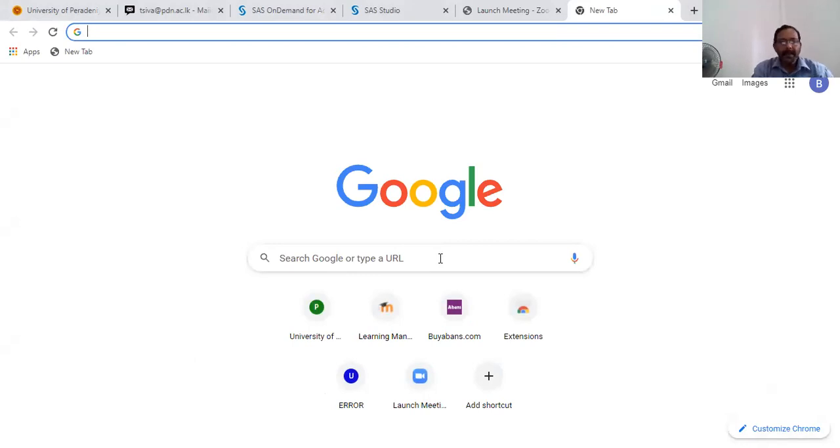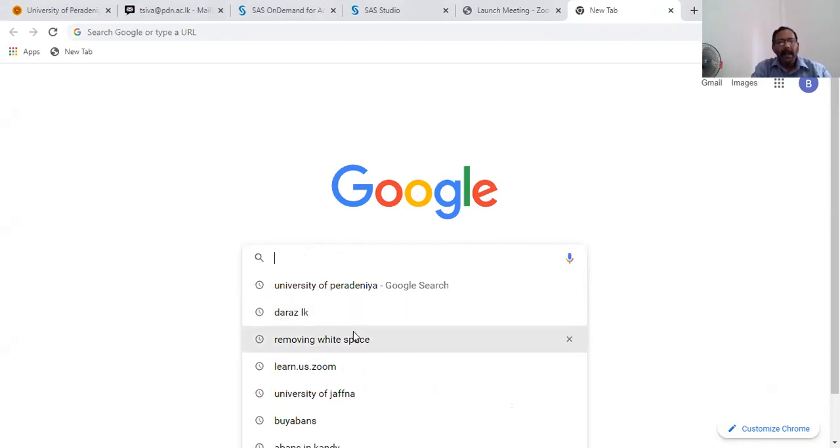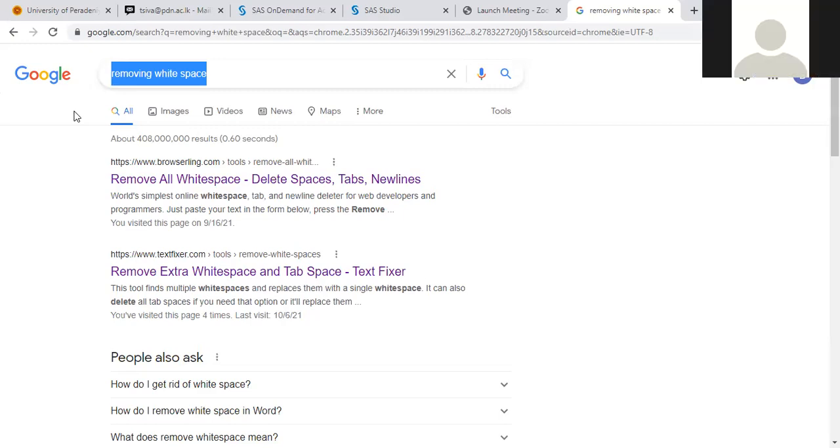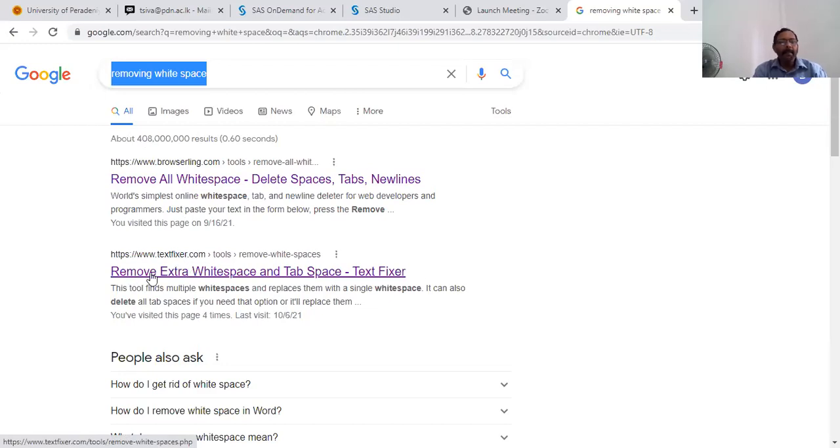There's a program called removing white space. Type removing white space. I hope everybody can see it. Now there's a website, remove extra white space and tab space. Click that. I'm going slowly. You have to click that first.